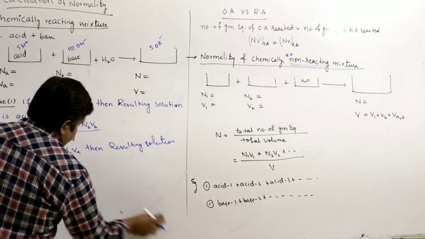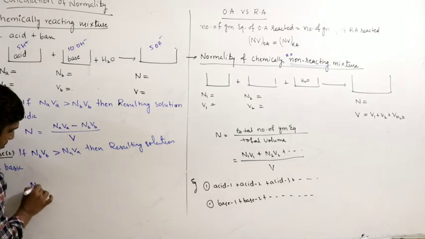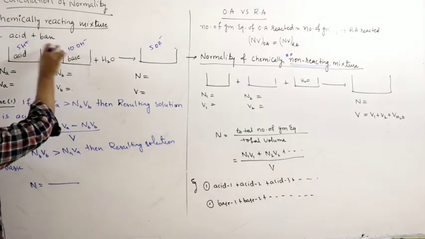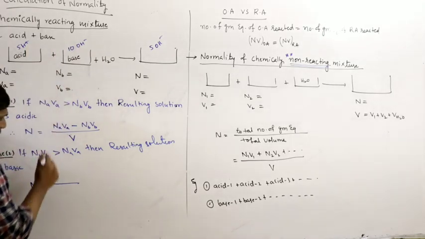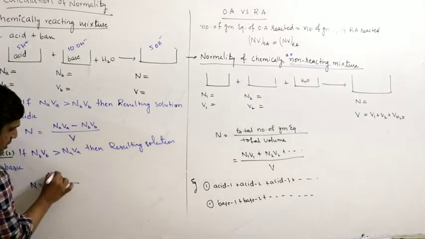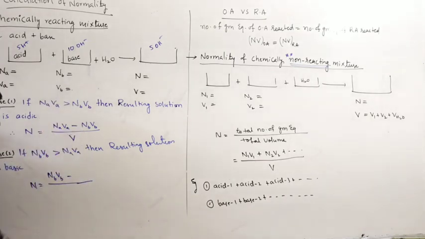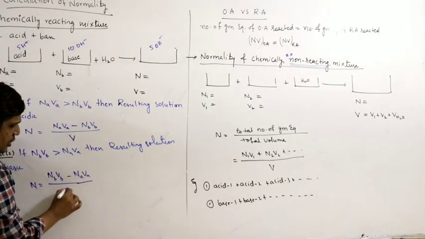Then the normality of the solution: it still contains 5 OH minus ions. How did you get this? 10 minus 5, 10 OH minus minus 5 H plus. What is 10 OH minus? NbVb. Why minus? Because they chemically react, the number of ions decreases. NbVb minus NaVa by total volume.